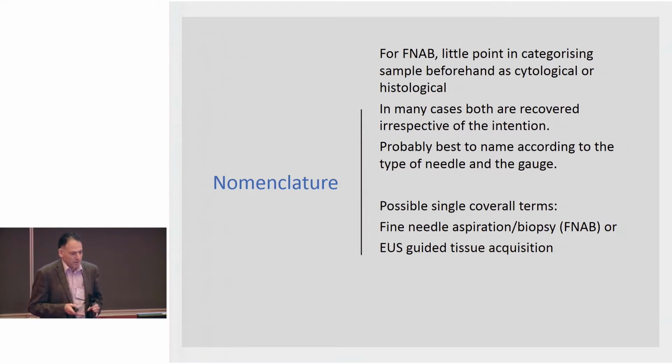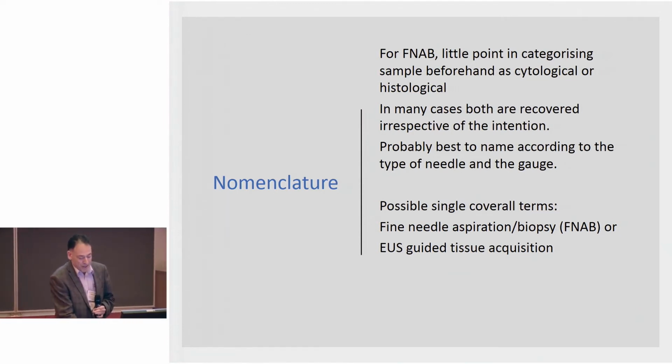You can name the procedure according to the type of needle and the gauge of the needle you're using. And one can use a single term really to cover everything, which is FNA, a fine needle aspiration biopsy, which is some of it a bit of aspirate, some of it a bit of biopsy, or perhaps even better, EUS guided tissue acquisition. Tissue being both cytology and histology.